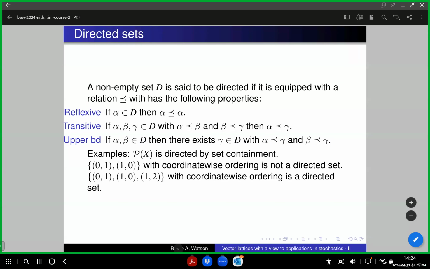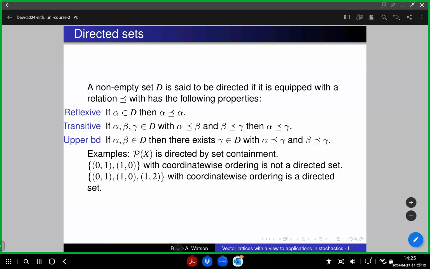Some examples of directed sets. Well, the power set of some given set under set containment is certainly directed. We already know that it's a partial ordering, so we know the first two conditions are already met.